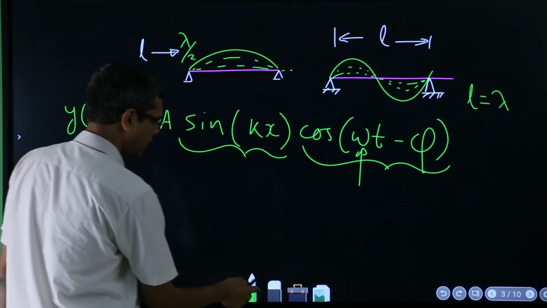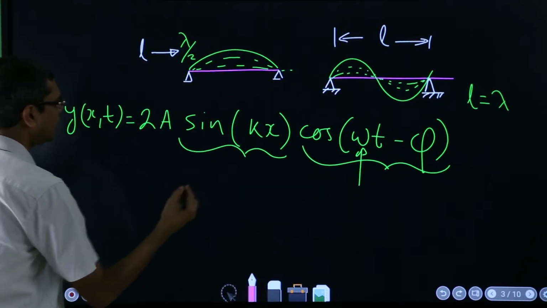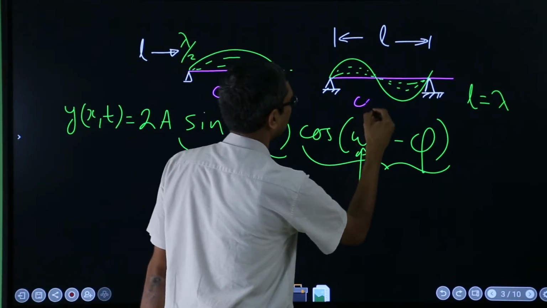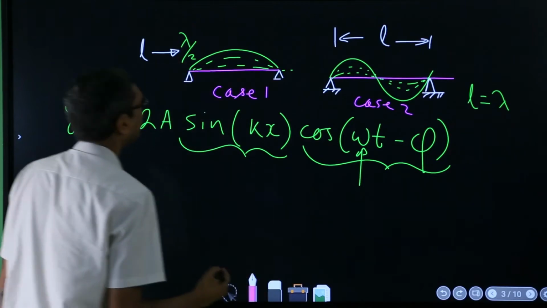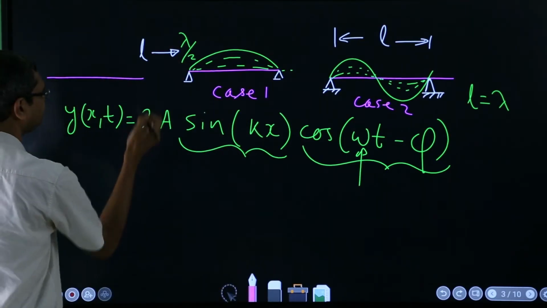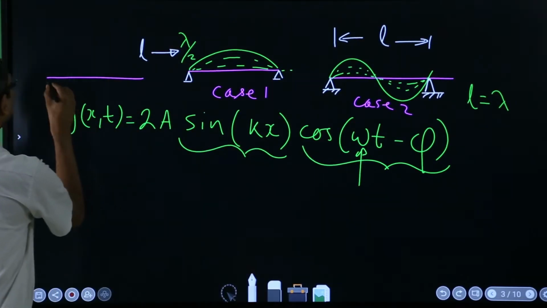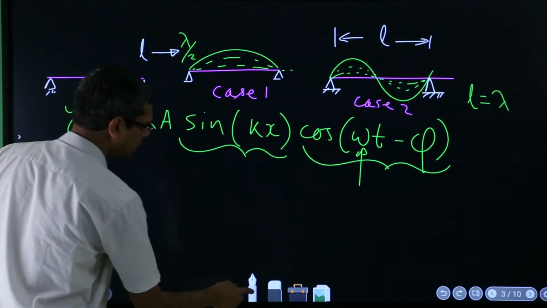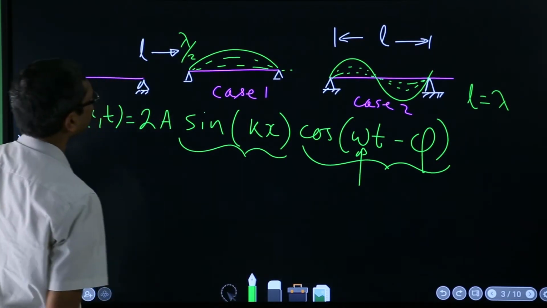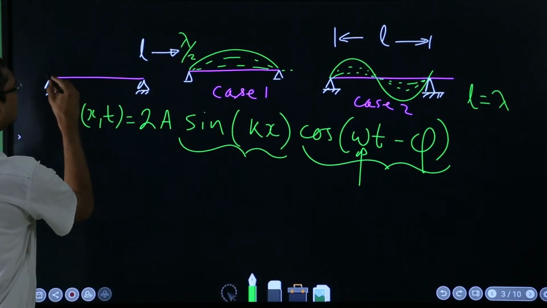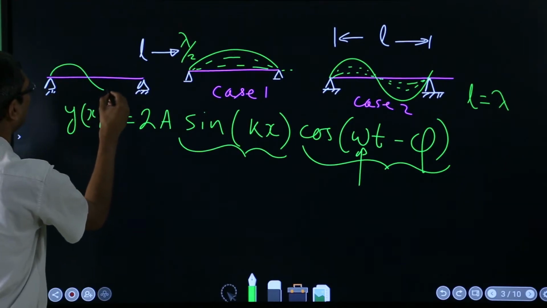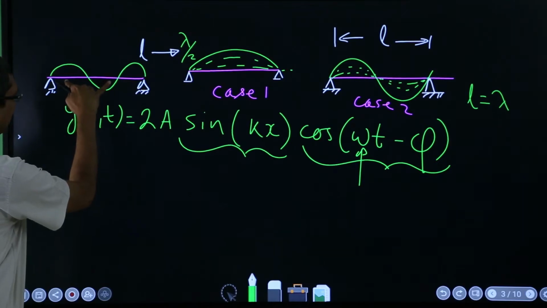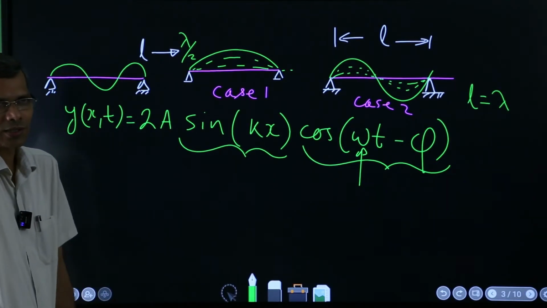In another case, this is case 1, this is case 2, and I'll draw here case 3. It has got lobes like this. That means this is the wavelength which has 2 lobes, because that is our only requirement.